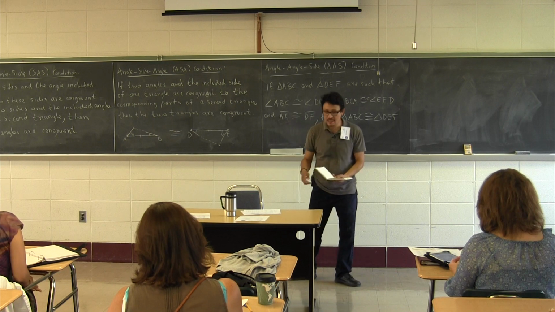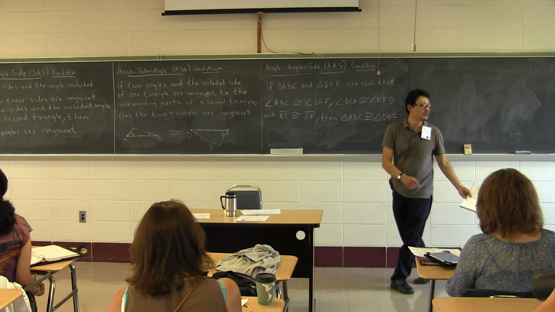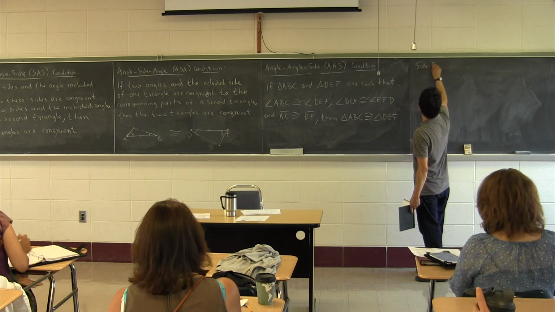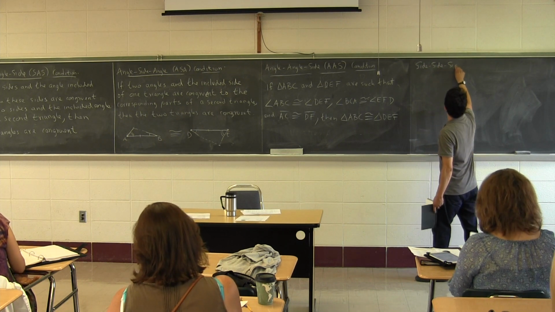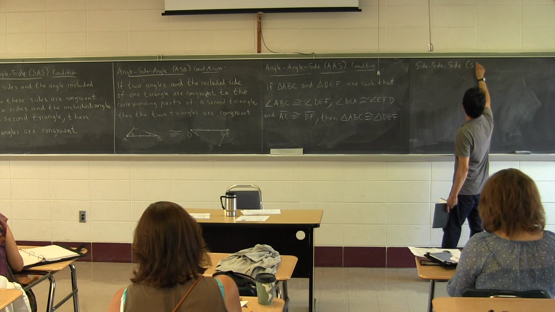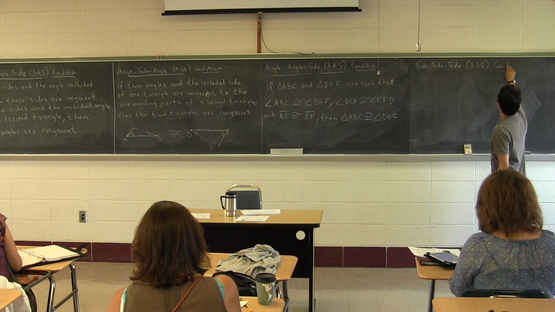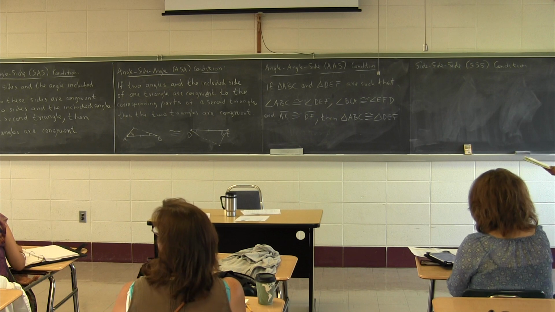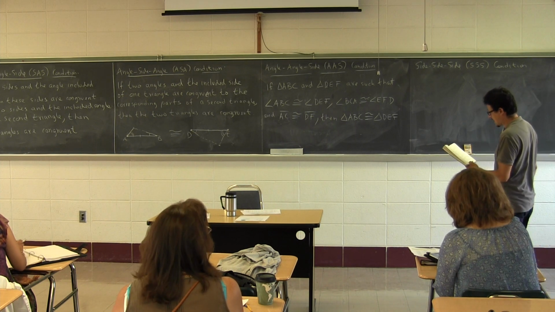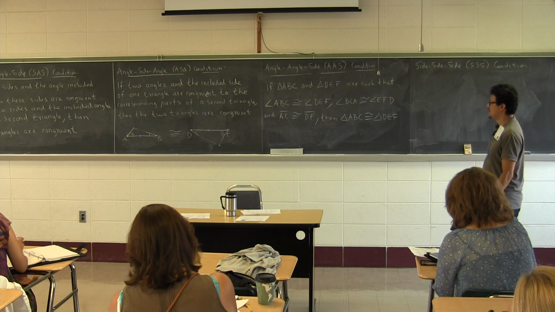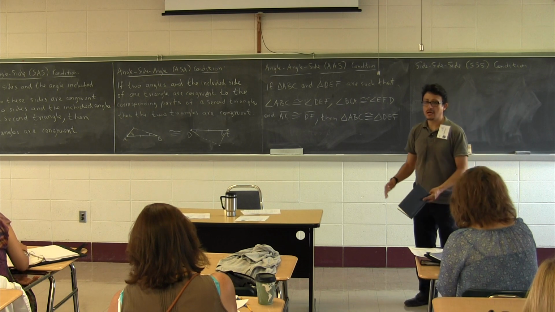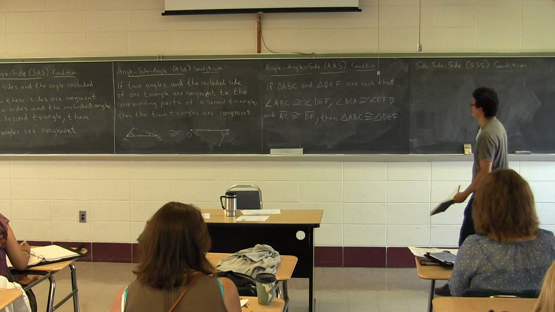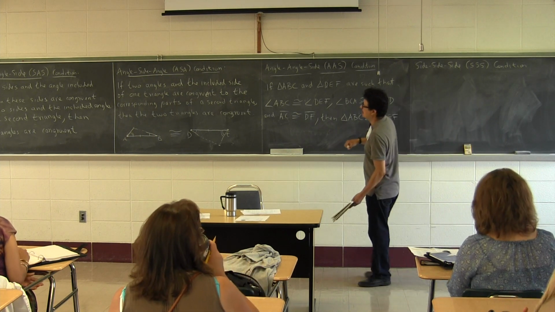Now the last condition is the side side side. And it basically says that if three sides of a triangle are congruent to three sides of another triangle, then they must be congruent, right?